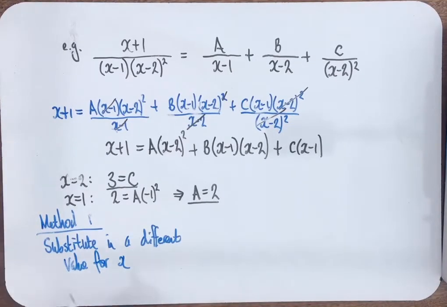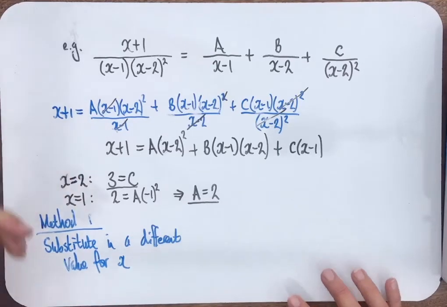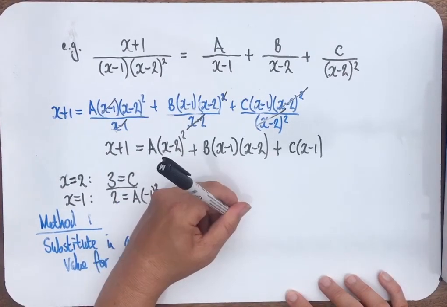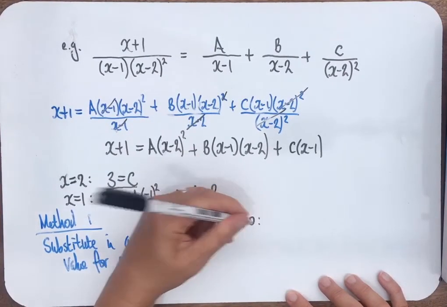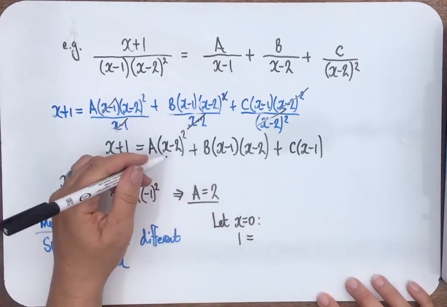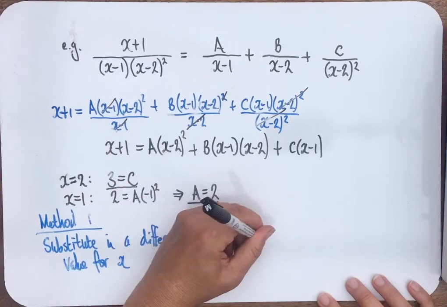The obvious one to use here is 0. But you could use any number of your choice. So if I let x equal 0, 0 plus 1 is 1. 0 minus 2 is minus 2 squared is 4.